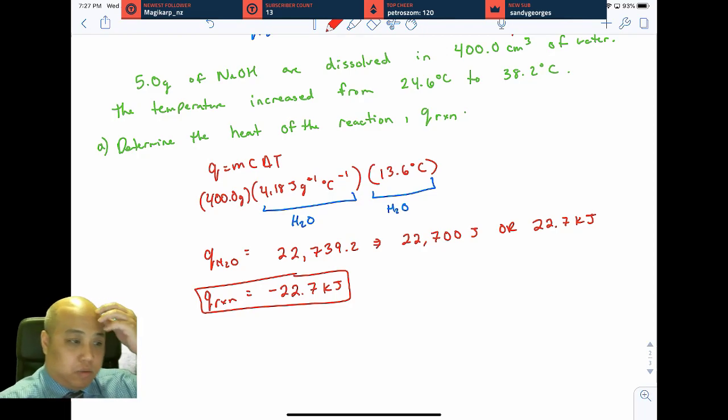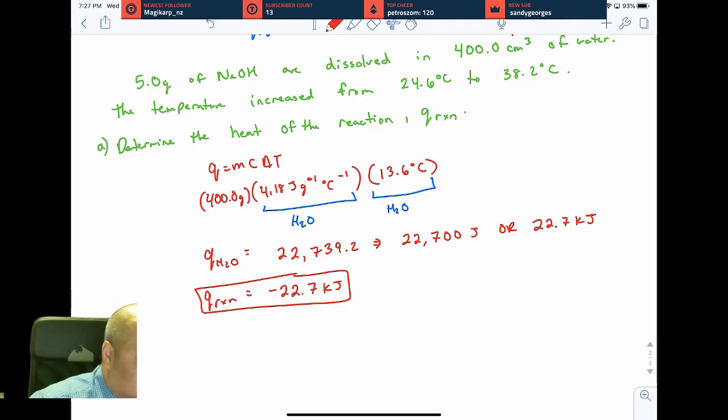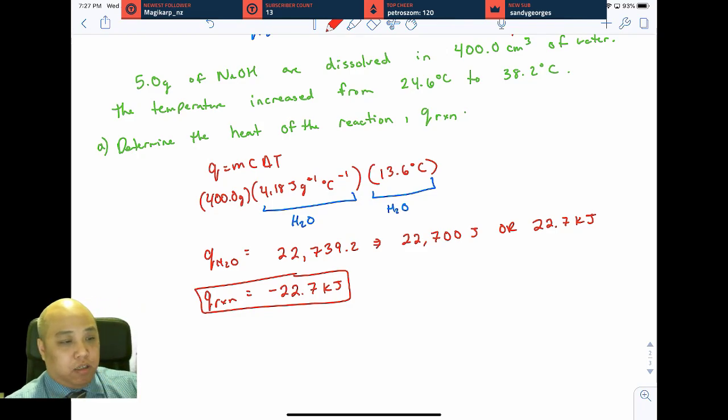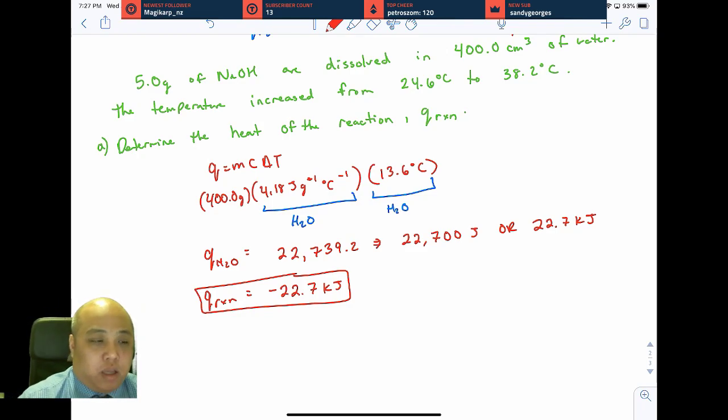Okay. So I know where this question is coming from. Some teachers teach Q of the reaction as negative MC delta T. And that's why I don't like putting that negative in there, because I think it's confusing.